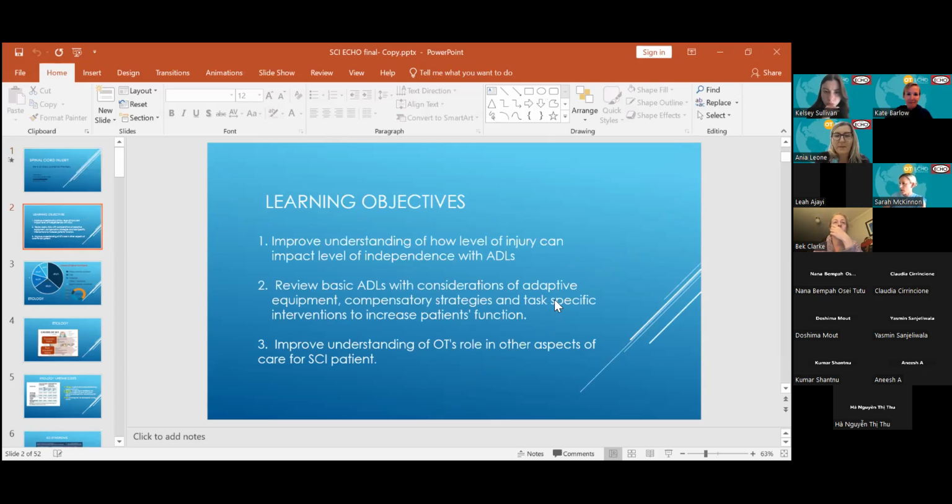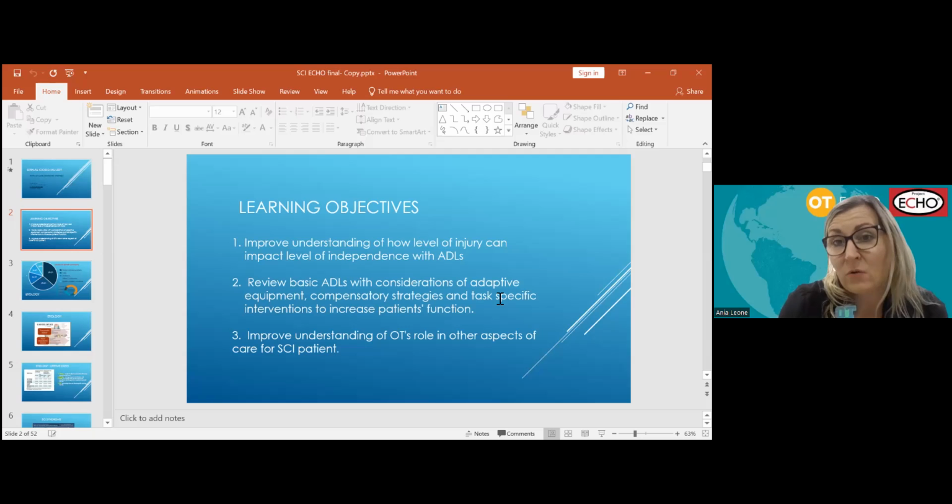Okay. So you may have taken a peek already at our learning objectives. We're hoping to understand better how the level of injury impacts independence and our role as OT in caring for that particular patient.